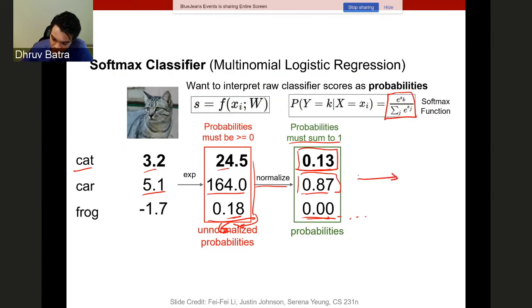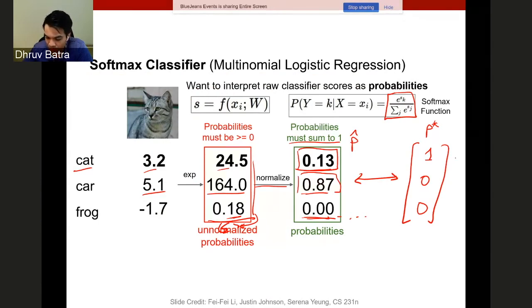And notice that what you'd like to compare this to is an ideal distribution, which would be 1, 0, 0. So this would be P star, if you will, and this is your P hat, your predicted probability. In P star, we are putting 1 in the ground truth location and zeros everywhere else, because in your annotated data set, you have no uncertainty about what the true category label is.